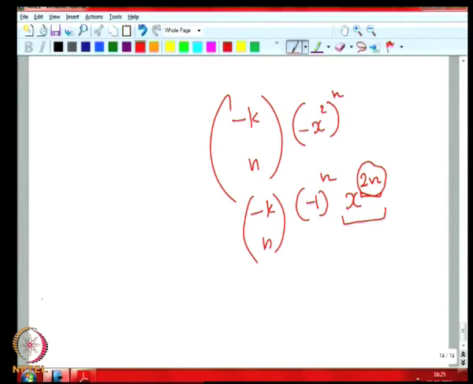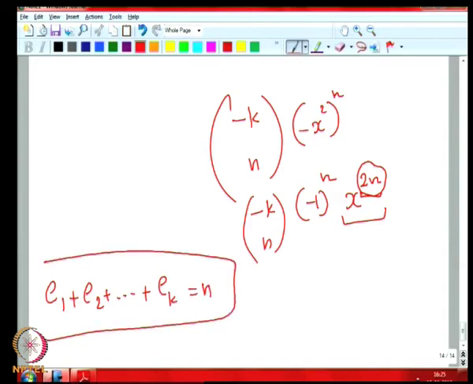Now, we were looking for the solutions of e1 plus e2 plus ek equal to n, where each ei is odd.